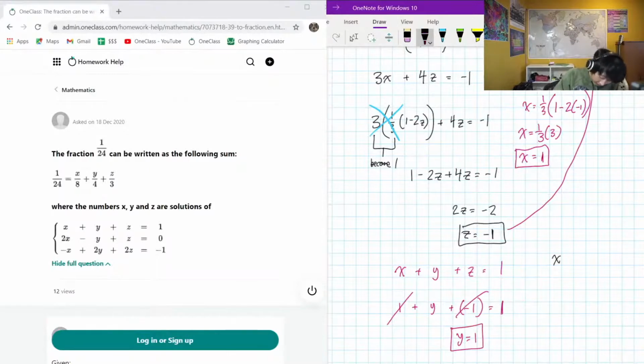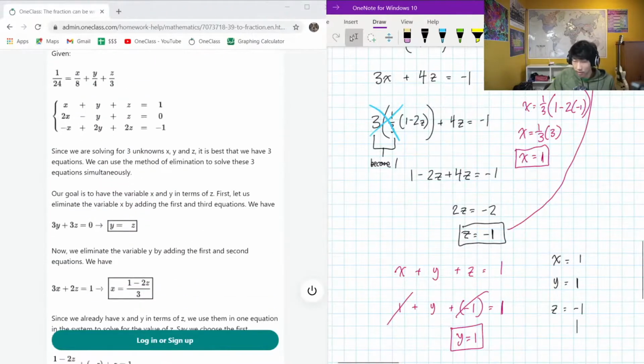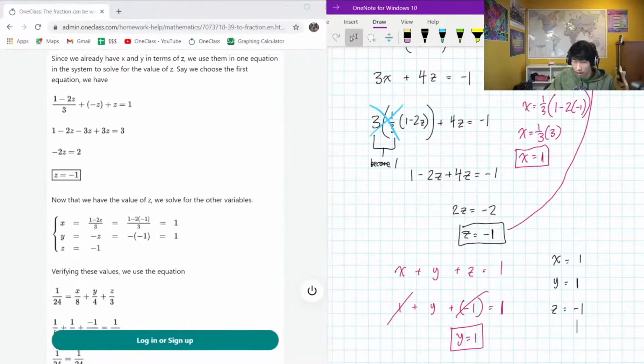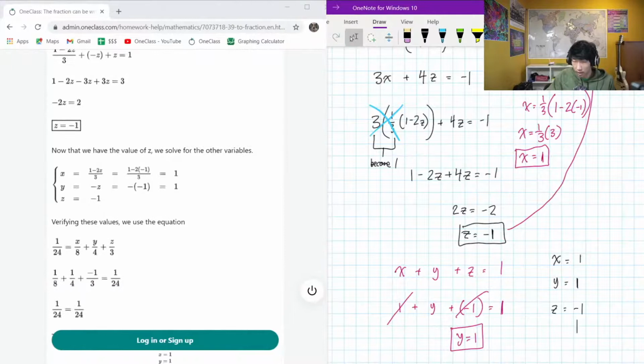So this will be the result of our system of equations analysis. x is 1, y is 1, z is -1. Hopefully we would come to the same conclusion here. z is -1, y is 1, x is 1. Awesome.